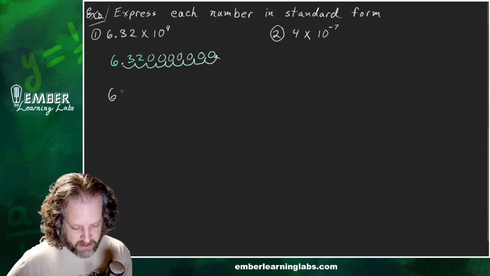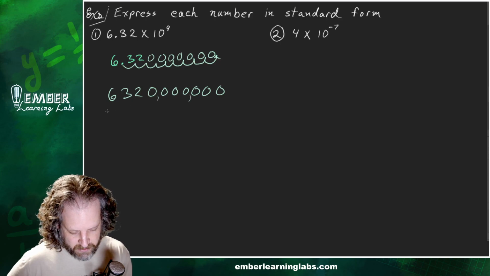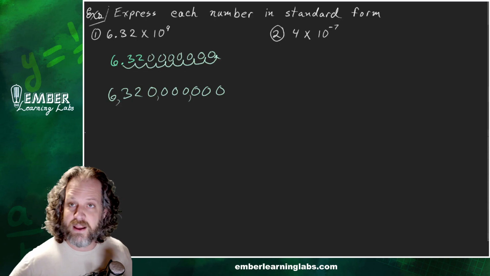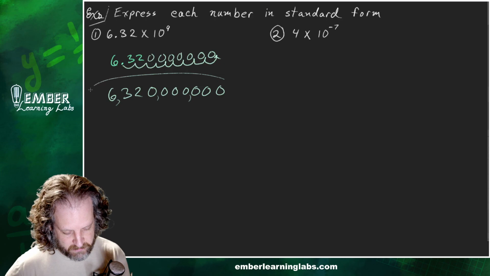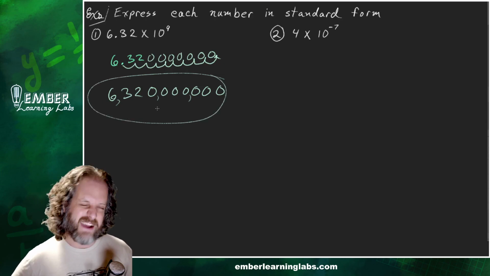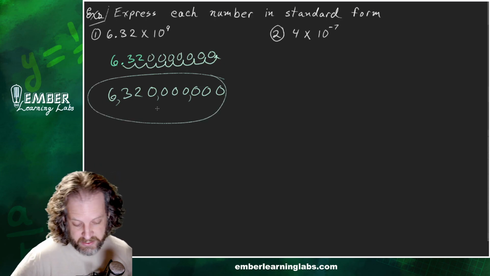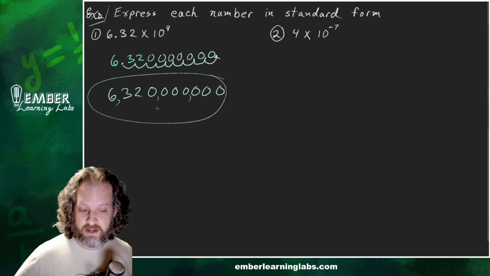So 6, 3, 2, 0, 0, 0, 0, 0, 0, 0. So what number is this? 6,320,000. You don't necessarily have to put the commas in your answer. I just did because it made it easier for me to tell you what that number was.